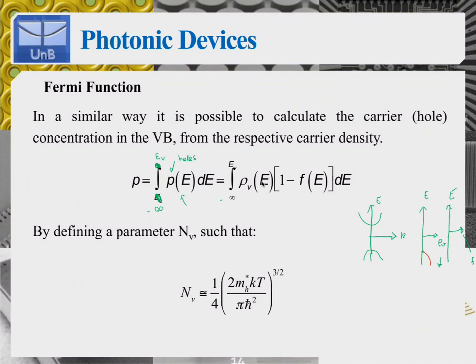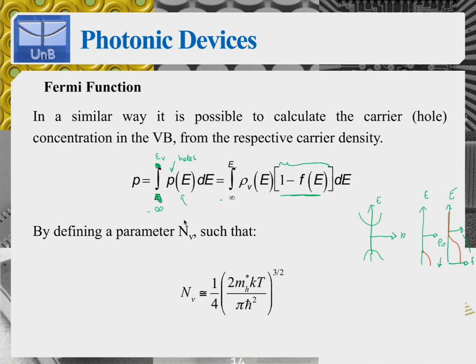So it would look something like this, and it would rise to 1, like so. So 1 minus f of E is equal to what we're calling fh of E. So you need to use the probability of occupation for holes, which is this. This is the main difference, but otherwise the procedure is analogous to what we've just done, and we'll find a similar result.